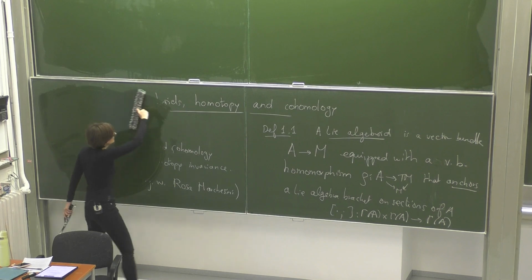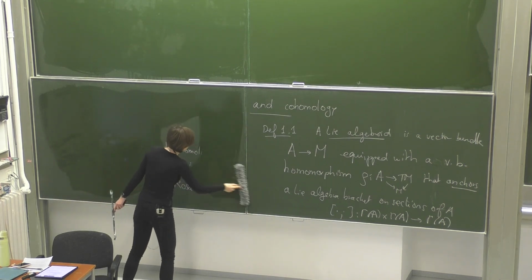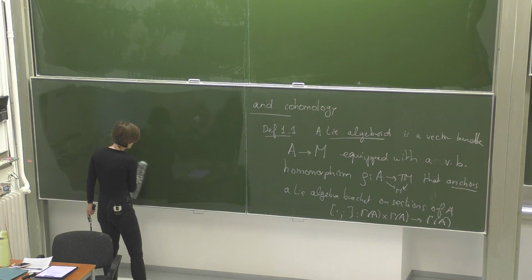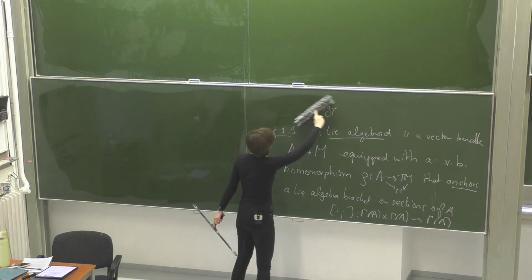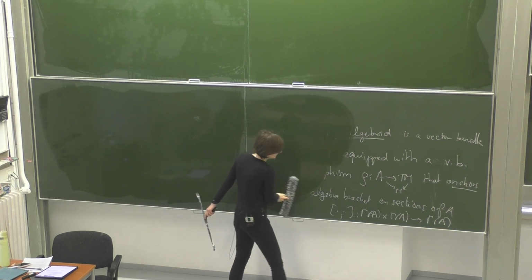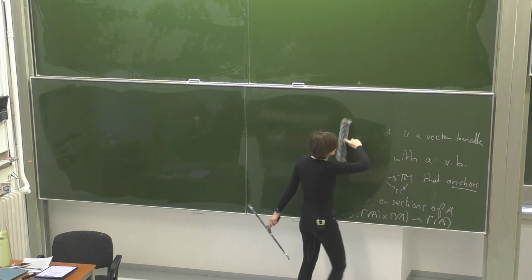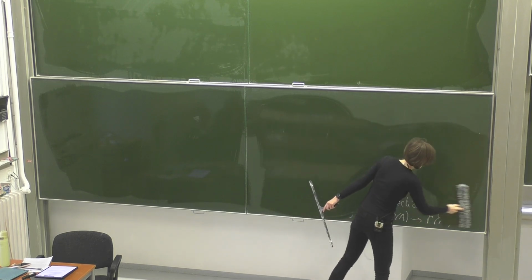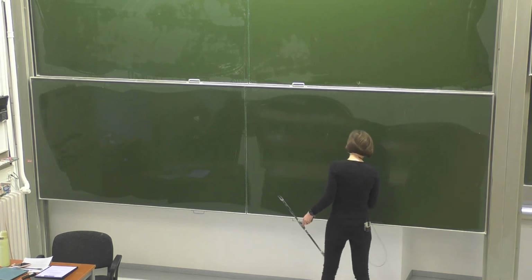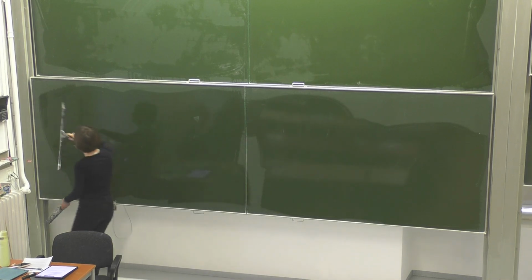But still, for our results, so obstructions to ideals in Lie algebroids, we need this twisted Lie algebroid cohomology.